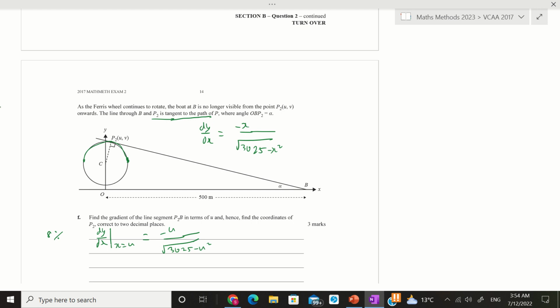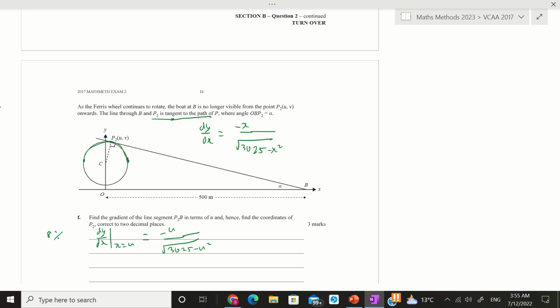It's relevant because the gradient when x equals u is the gradient of the tangent line at this point P2. And since this line from P2 to B is indeed tangent to the path of the circle, this must be the gradient of that line segment P2B. So that's what we have so far.